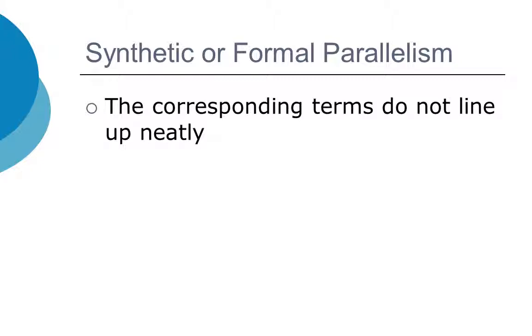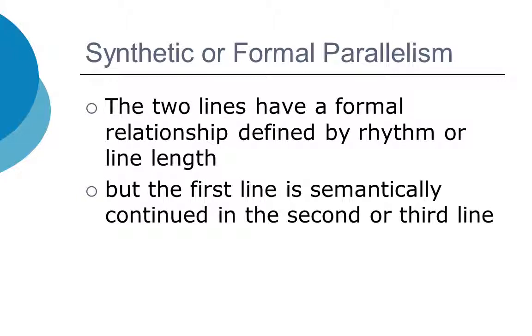So the third kind that was identified by Bishop Lowth was what he called synthetic parallelism, or some call it formal parallelism. This is where the corresponding terms do not line up neatly. The two lines do have a formal relationship identified by rhythm or line length, the 3 plus 3, as we mentioned earlier, but the first line is not repeated in the second, but rather it is continued in the second, or indeed the third line.